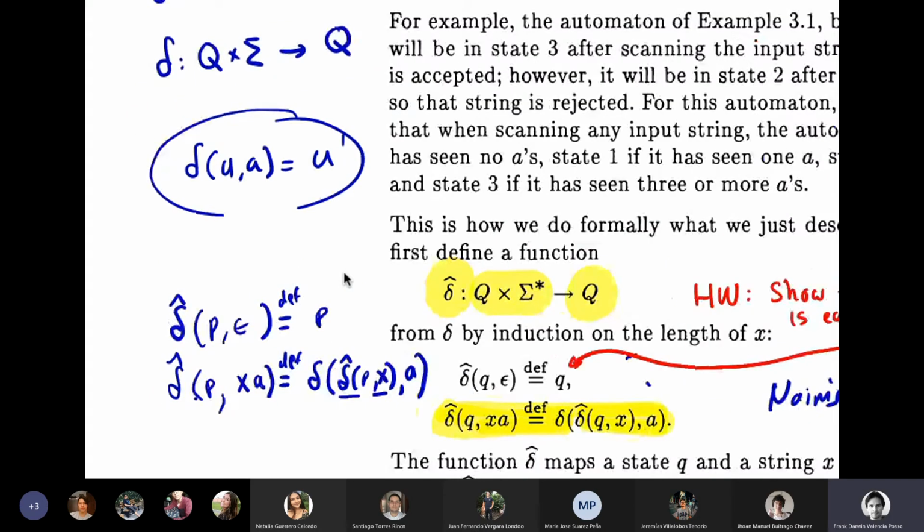Look at the differences. This delta is outside and the delta hat is inside. He said that it is delta of delta hat of P, X, followed by A. So this is another definition. Can you explain why it works?